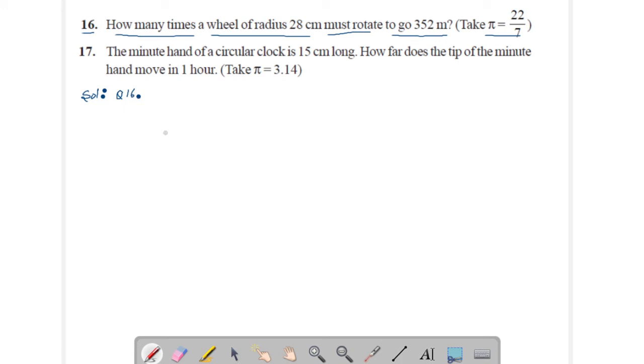Here radius of wheel equal to 28 centimeter.